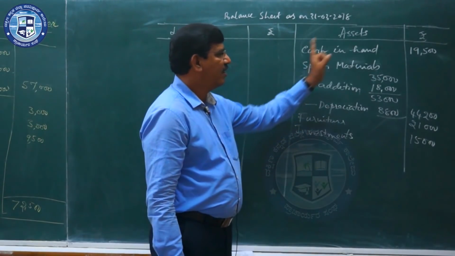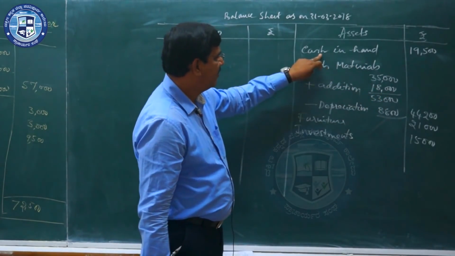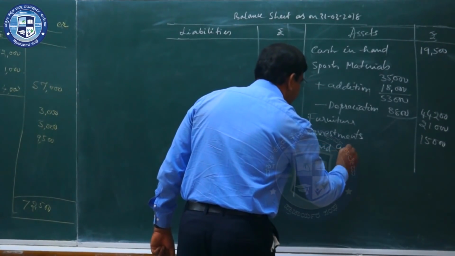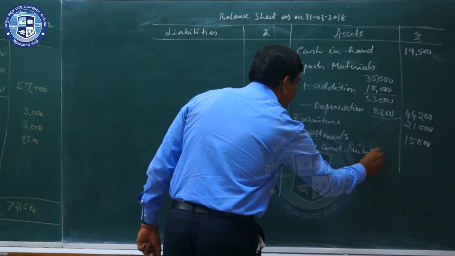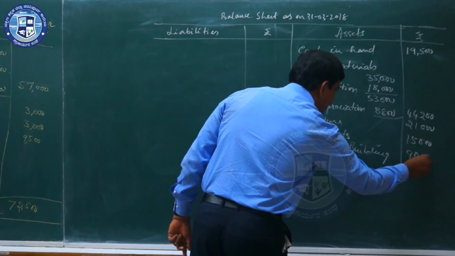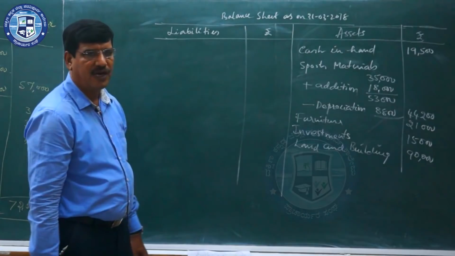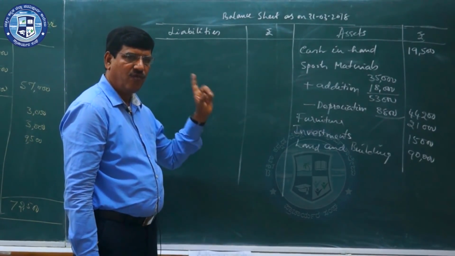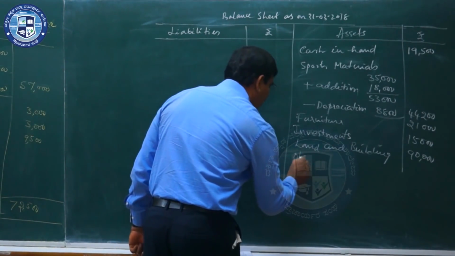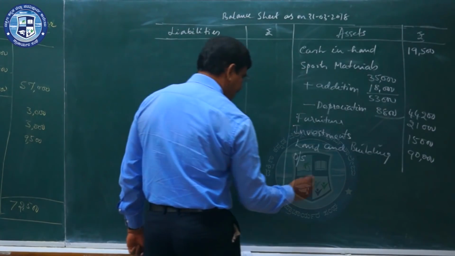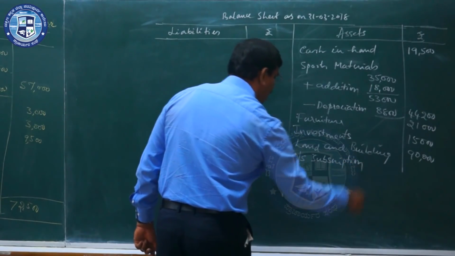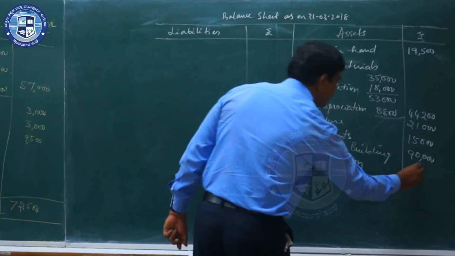The items to be entered on the credit side, I have entered the opening cash, land and building, fixed asset, 90,000. Then you have outstanding subscription in the adjustments. Once it is entered in the income and expenditure account, and again we have to write it on the asset side of the balance sheet, that is outstanding subscription, 1,000.